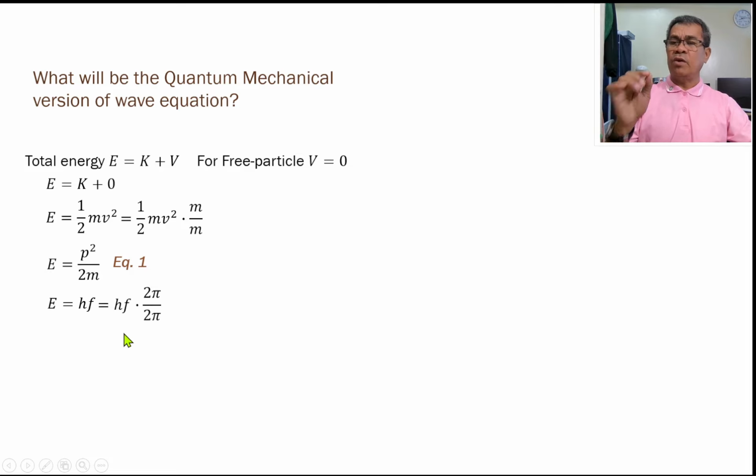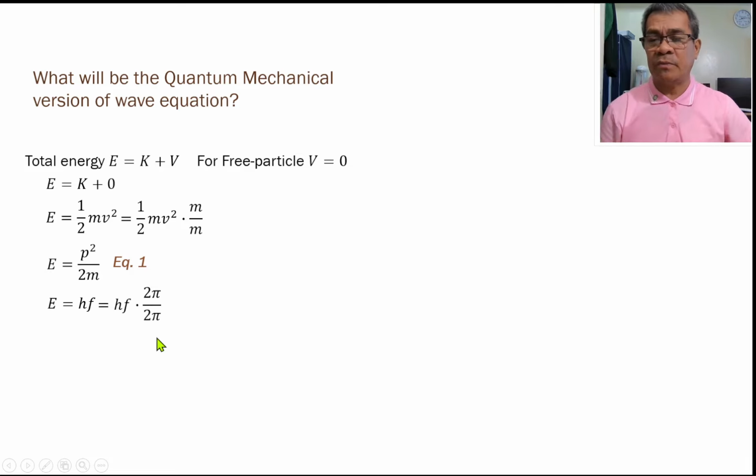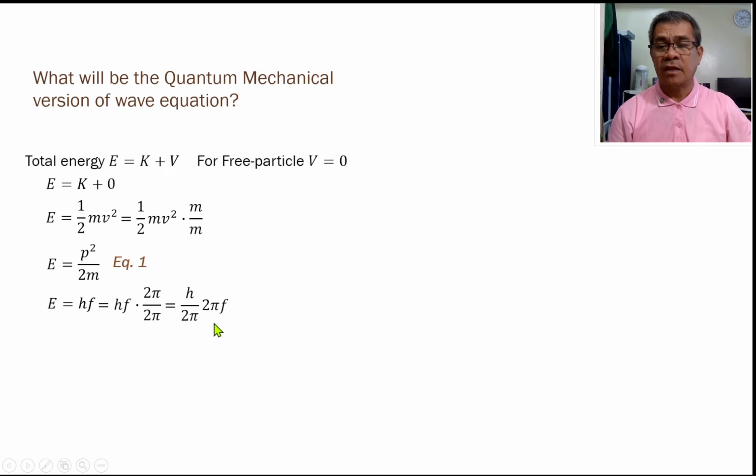Okay. Now, if we multiply both sides by 2 pi over 2 pi, we are now engaging the 2 pi in order to come up with another parameter. The purpose why we use 2 pi is because of this 2 pi f. Now, this 2 pi f, we all know, is the angular frequency. So, therefore, the angular frequency times h over 2 pi we call energy.